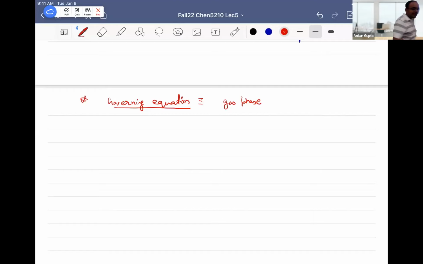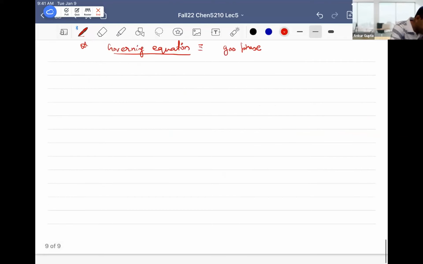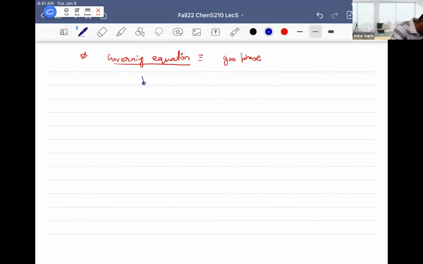It's not a pseudo binary constant problem, so we cannot use the usual Fick's second law. What we have to use is the basic equation: del C by del t plus del dot N equals the generation term.